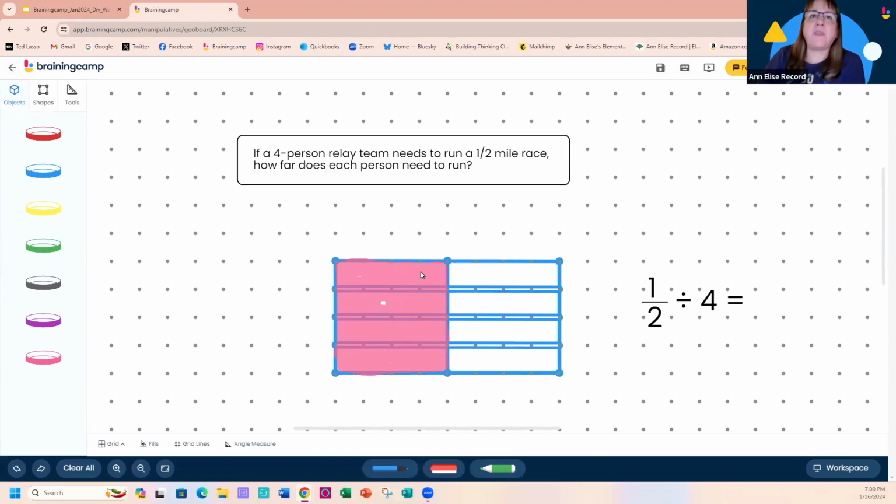So you can see here, this 1/2 that I had turned into 4 pieces. But what is that in relationship to the whole, right? In relationship to the whole, it's 1 out of 8 pieces, right? So that 1/2 divided into 4 ends up having a 1/8. So being able to visually see that as well.